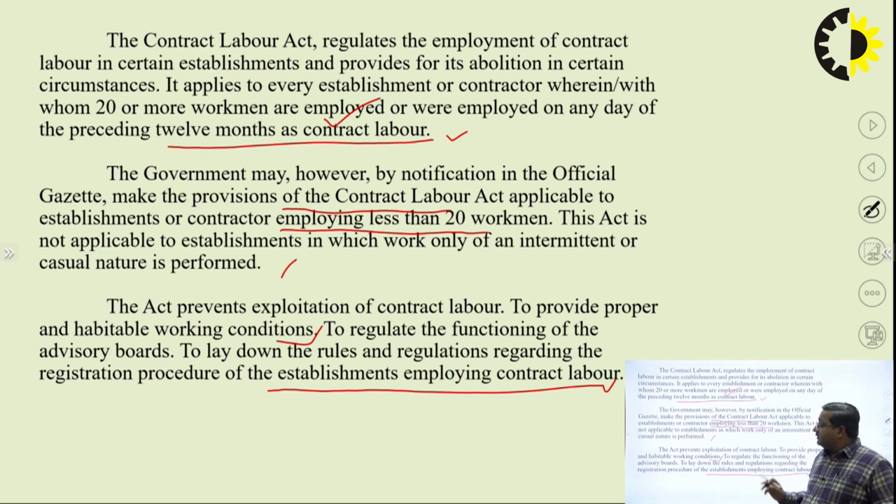So the important fact to understand is that this Act basically looks into the working conditions and the provision of various amenities to them, treating them as contract labour and looking into the nature of their work, trying to provide them better facilities and working conditions. Since they are not permanent workers, there has to be some mechanism which should address their working conditions.